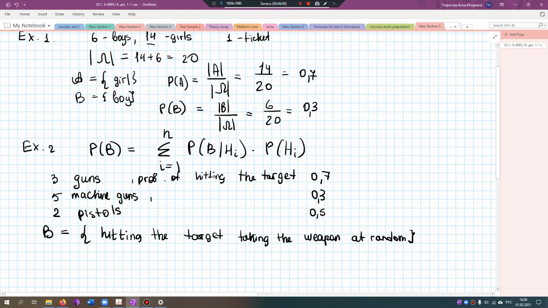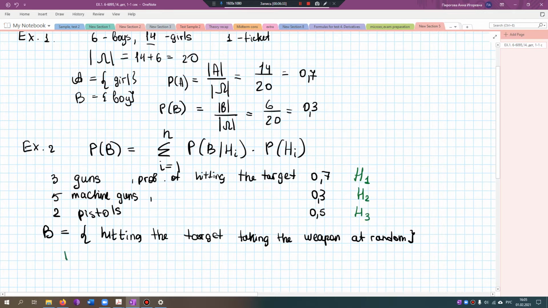And let's use the total probability formula. So our first event will be called H1, this will be H2, and this will be H3.